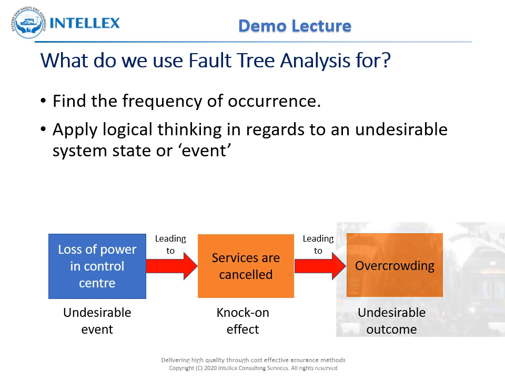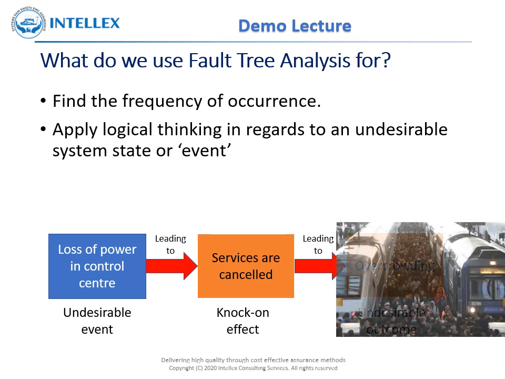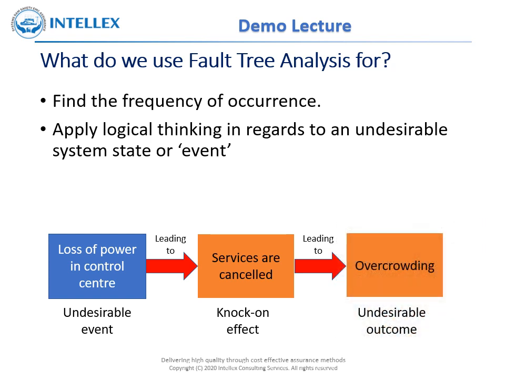And that would ultimately lead to potentially serious crowding issues. But it is the loss of power event that we would examine through fault tree analysis, leaving the knock-on effects to be looked at with tools such as event tree analysis.